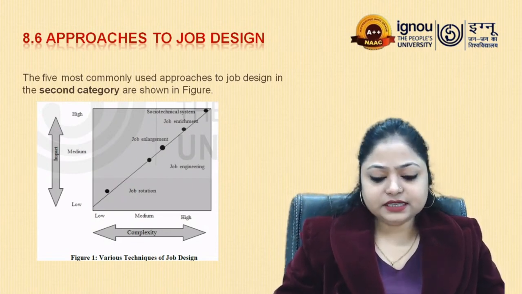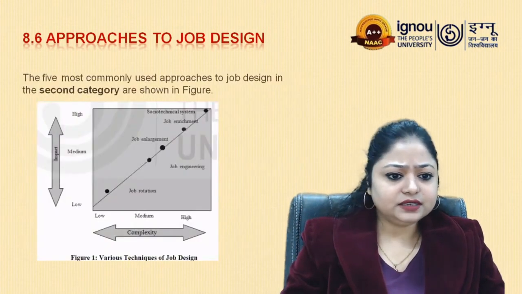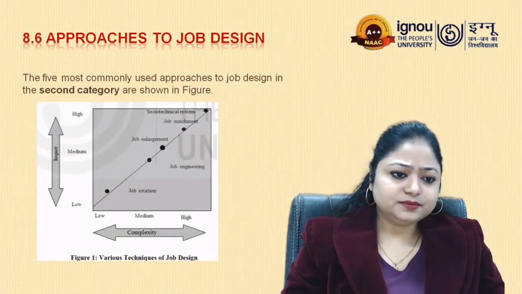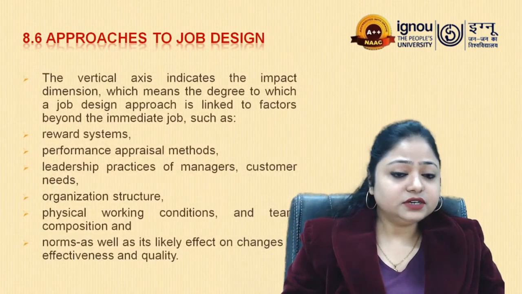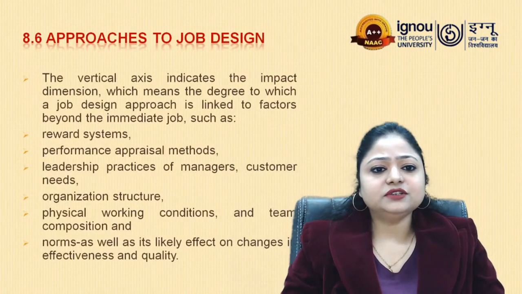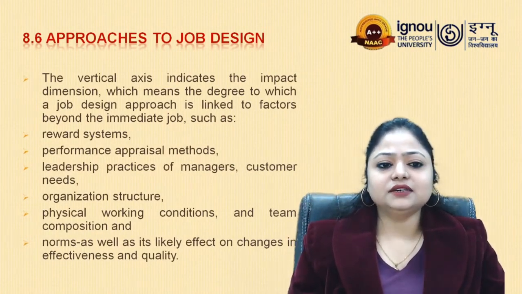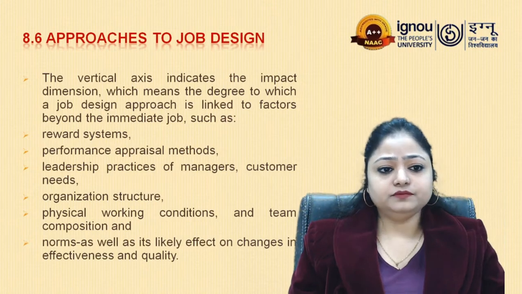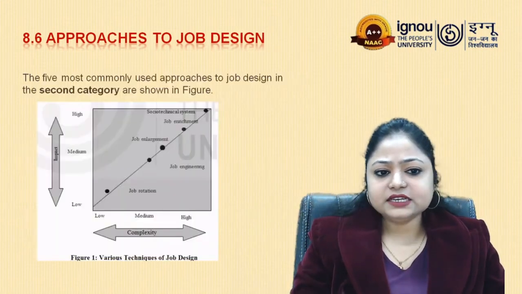So here we see that there is a vertical axis and a horizontal axis, and this vertical axis indicates the impact dimension, which means the degree to which a job design approach is linked to factors beyond the immediate job, such as reward system, performance, organizational structure.